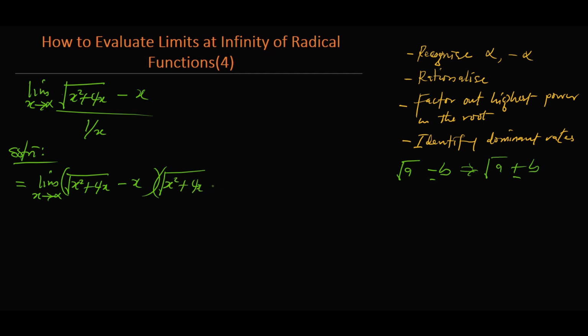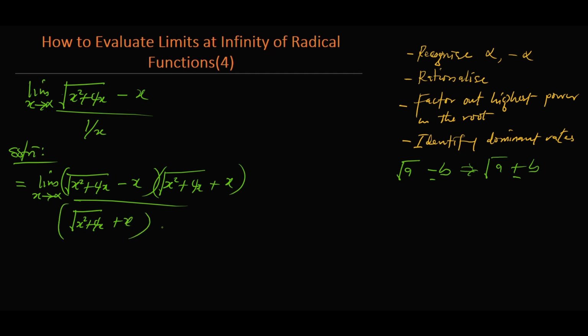Instead of minus now, we are going to have plus x, all over the conjugate multiply 1 over x will give us the conjugate over x, that is root x squared plus 4x plus x all over x.